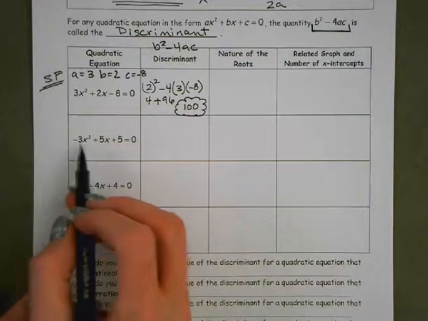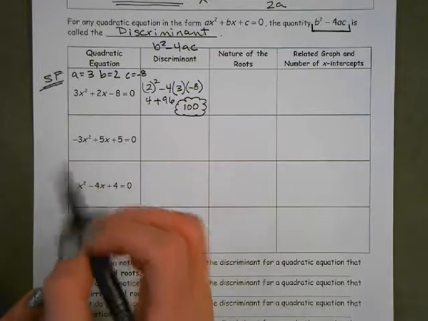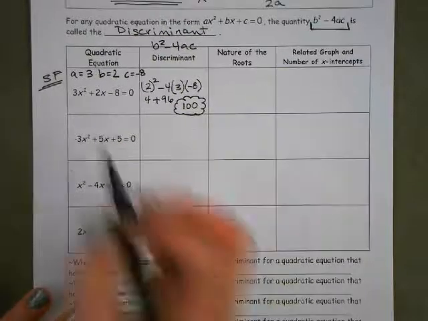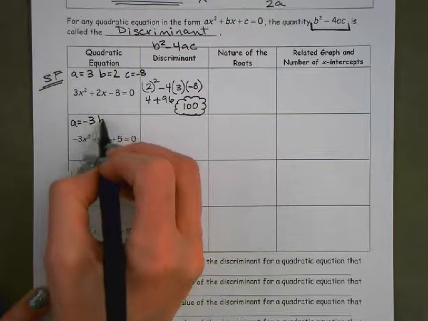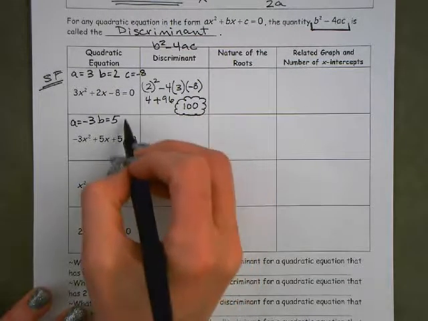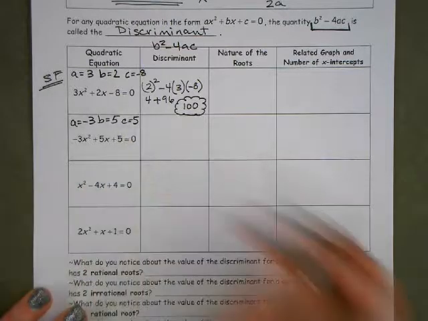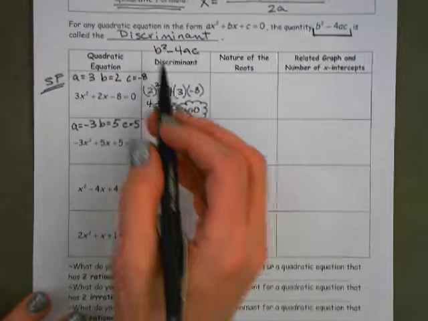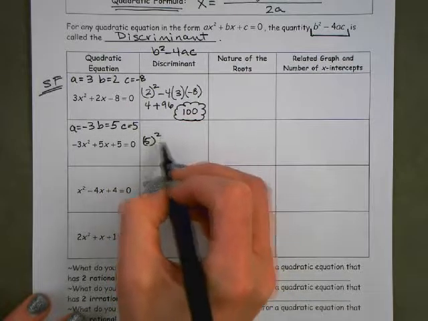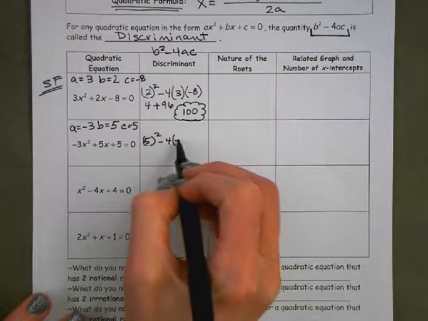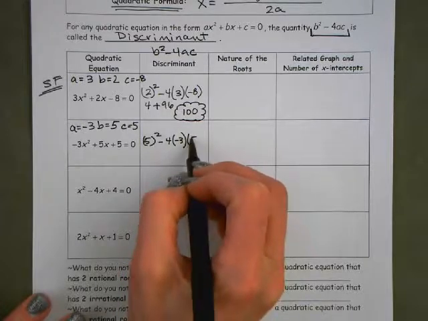So, negative 3x squared plus 5x plus 5. Is it in standard form? Yeah. Excellent. So therefore, a is what? Negative 3. b is 5, and c is 5. Okay? So plugging it into this equation, I'm going to have 5 squared minus 4 times negative 3 times 5.